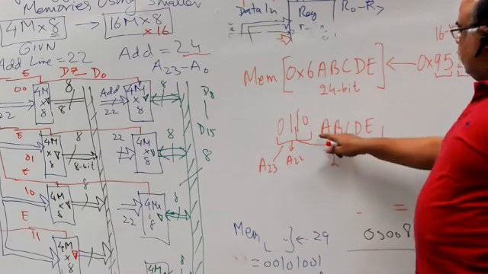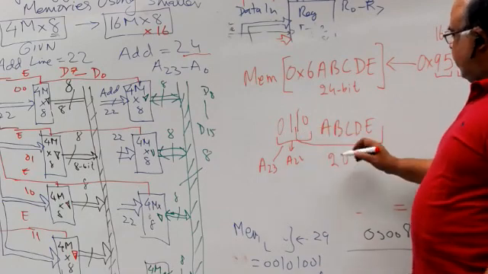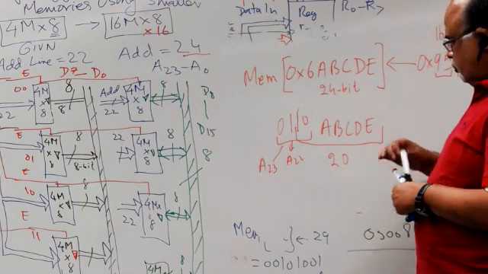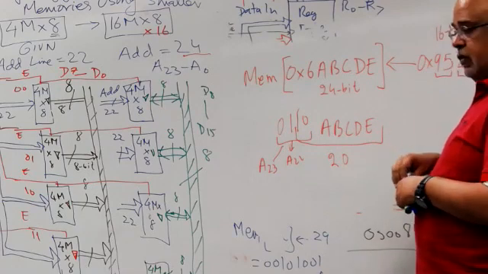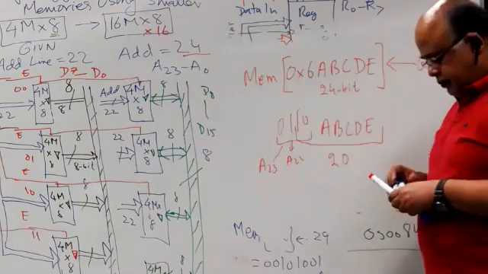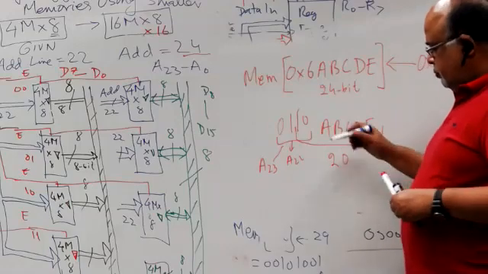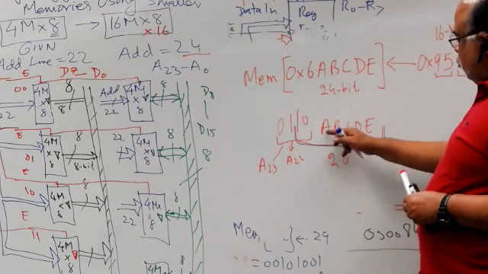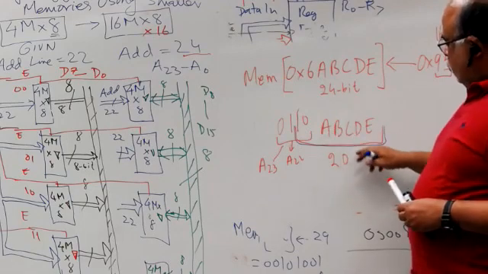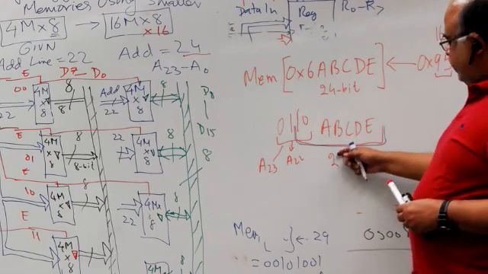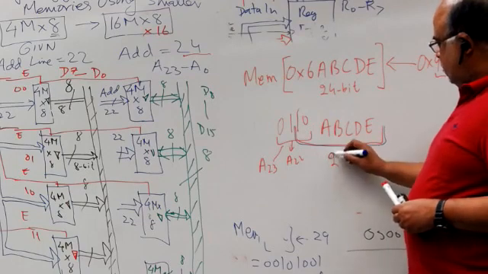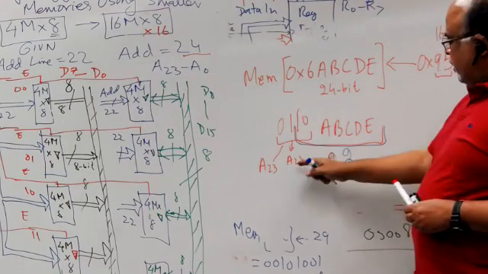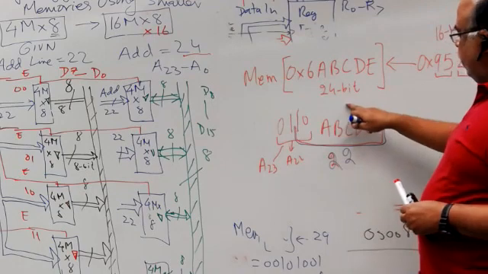So these ABCDE digits are a 20-bit address. Two address parts combined make the total 24-bit.